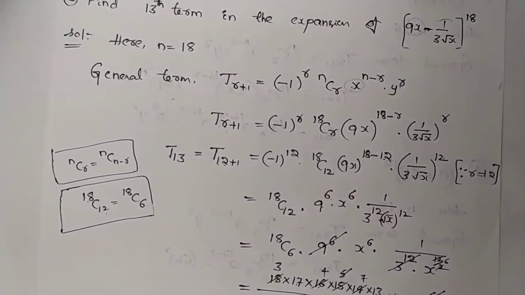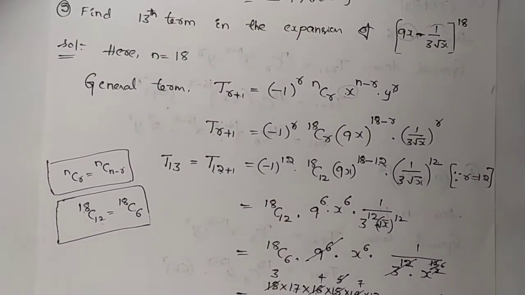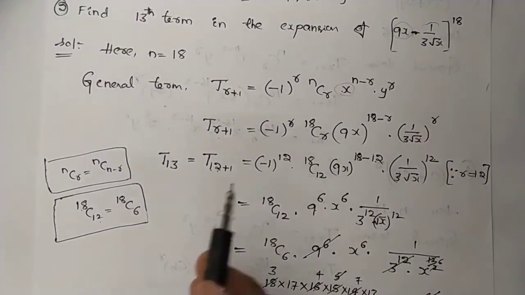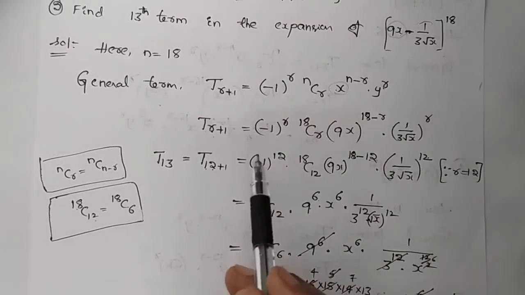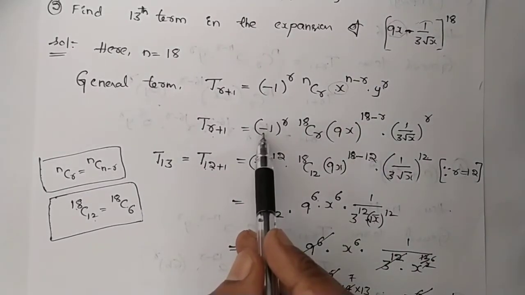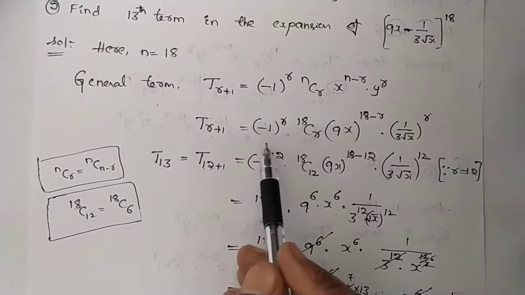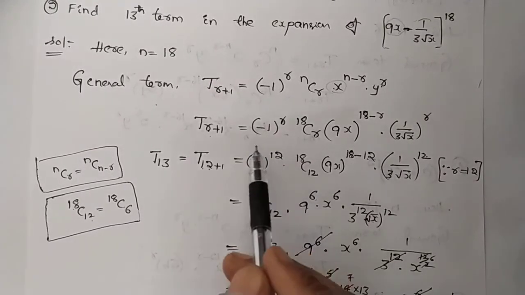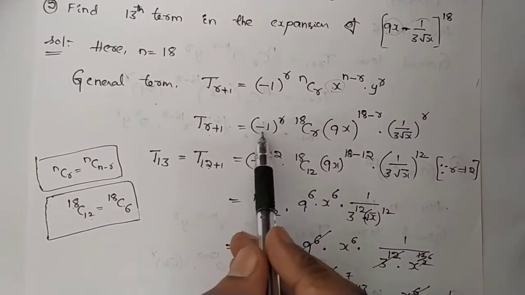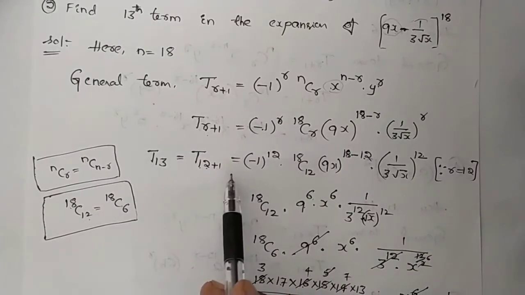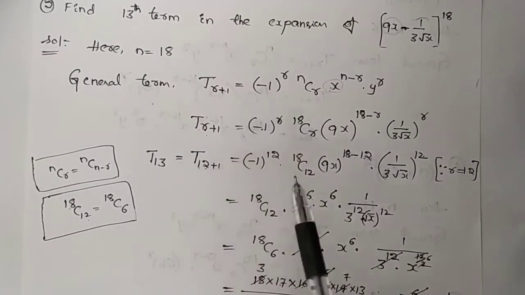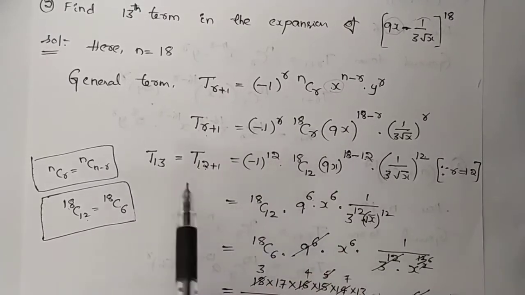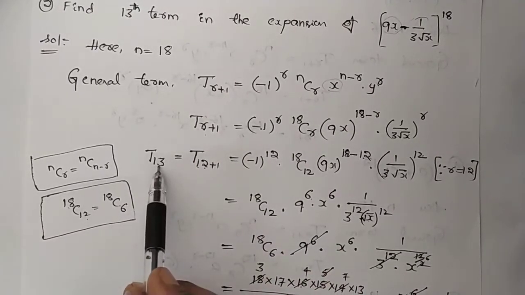Now you may note down in your notebook. See once again, it is an expansion. First what we have done, I just wrote the general term. By using the general term, we move on to further steps like finding the value of r.